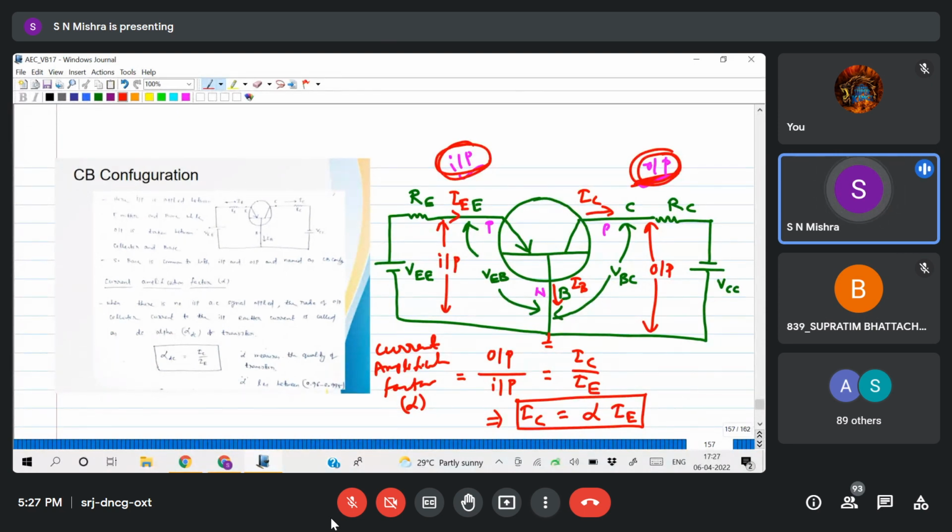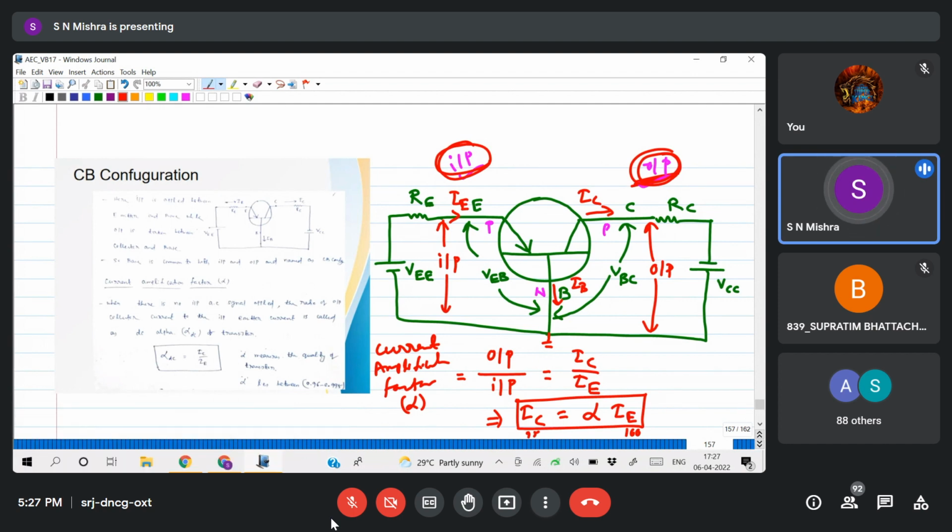This alpha must be less than 1 because IC is my output current and IE is the input current, so I am getting only a fraction of the input current at the output. Suppose I am sending 100 holes, I am reaching 95 to 99% of them, so I am getting less current at the output.